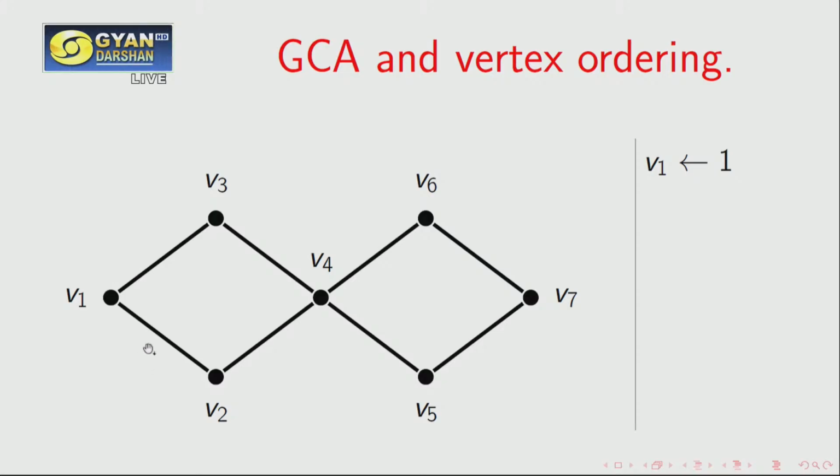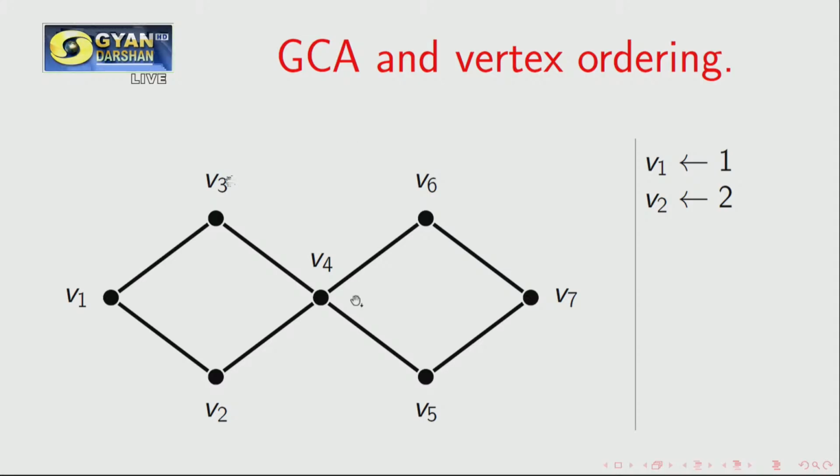So the least color which has not been used is 2, and we assign the color 2 to V2. Now look at V3. Again, V1 is the only neighbor which has been colored before it, and the color used on it is 1. So the least color is again 2, and 2 is also assigned to V3.